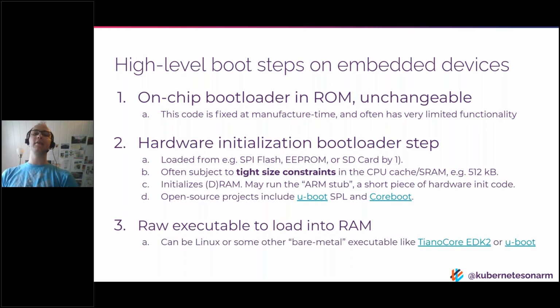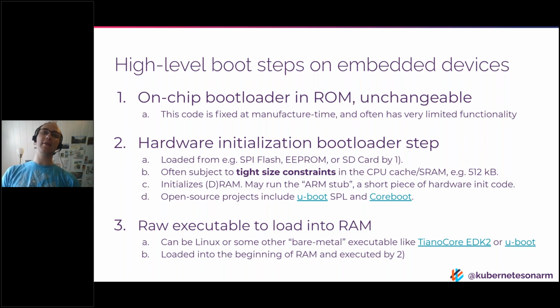This raw executable can be something like Linux or another bare metal executable like Tiano Core EDK2, which is an open source UEFI implementation, or U-boot, for example, which is pretty popular. And this is loaded into RAM and executed by the second bootloader.